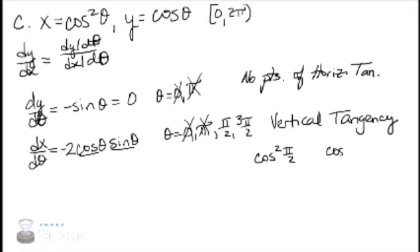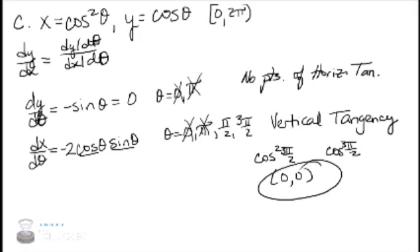And for the y-coordinate, just cosine of pi over 2. Those are both going to be 0. So the point 0, 0 has a vertical tangent line. And then let's plug in 3 pi over 2. We're still going to have 0, 0. So there's only really one place where we have a vertical tangent line, at the point 0, 0.